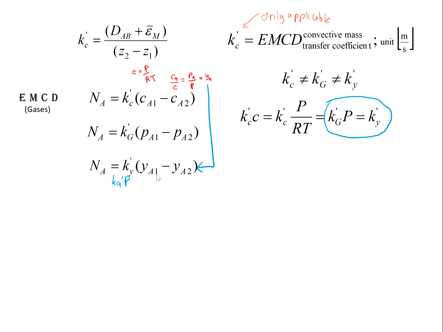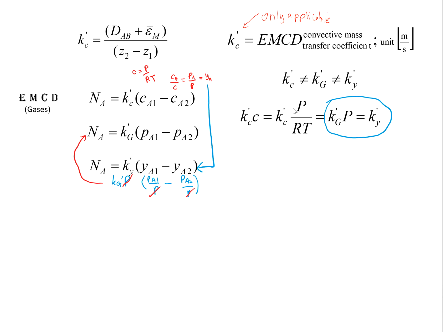Then for yA, we take this relationship: yA is equal to PA over P. So yA1 is equal to PA1 over P, and yA2 is equal to PA2 over P. So you have P outside and also inside the bracket that you can cancel out. So now you can see that the equation that you obtain here is similar to the second expression.